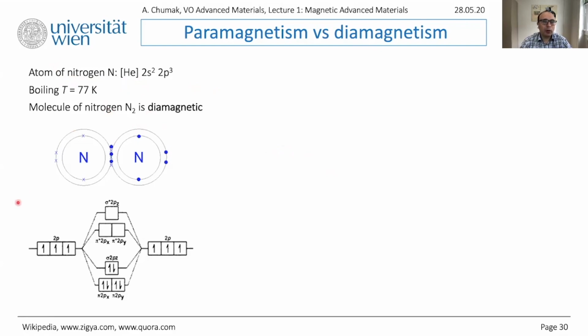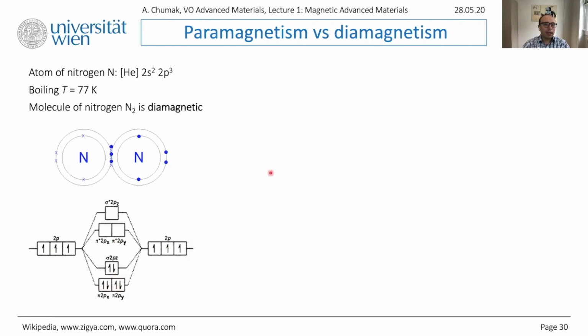If you look at the atomic structure of nitrogen, you will have 3 electrons sitting in the 2p shell, and as we know from Hund's rule, they will be located like this. Now, when you bring that into a molecule, you get the generation of new energy states, which you fill with 6 electrons, like shown here.